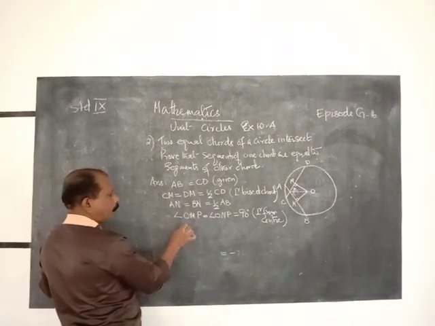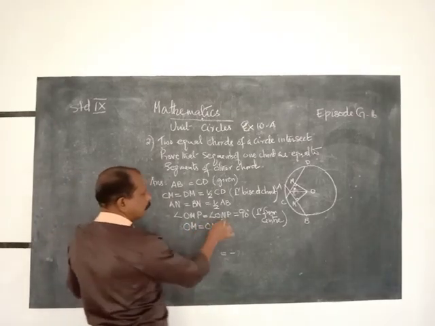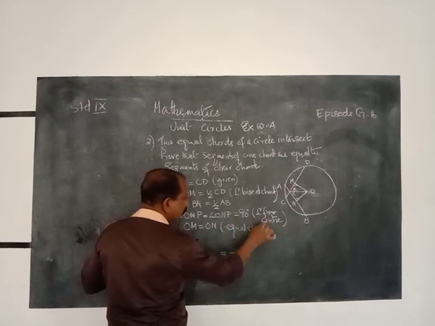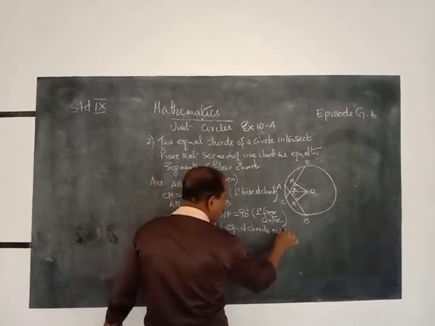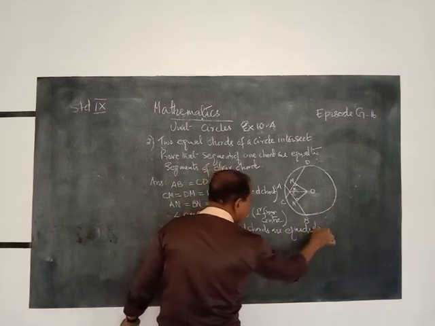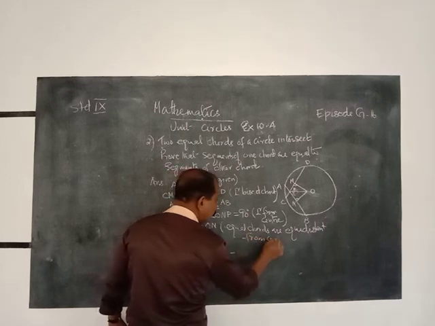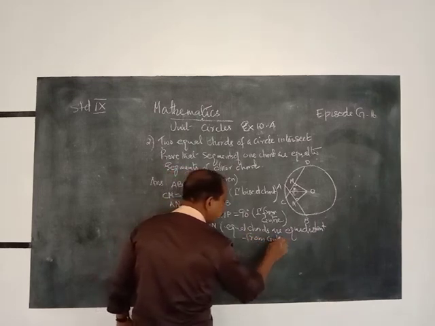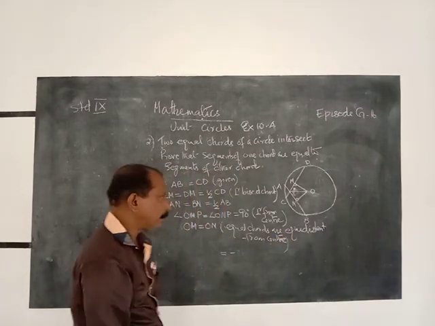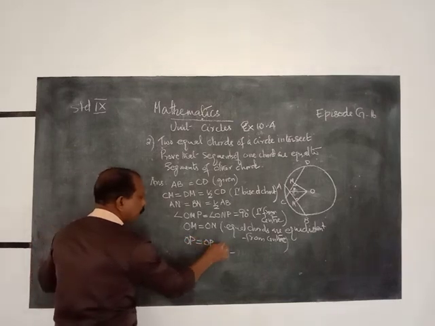OM is equal to ON. That's the reason. Equal chords are equidistant from the center. That is the reason. That is the theorem. Equal chords are equidistant from the center. OP is equal to OP. That is common.